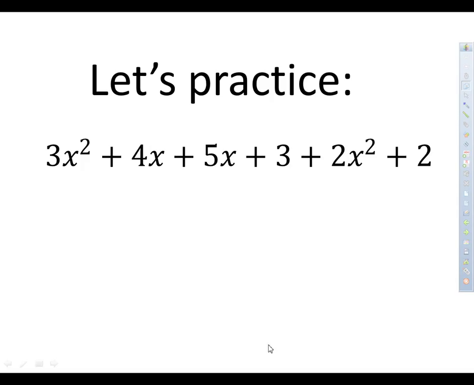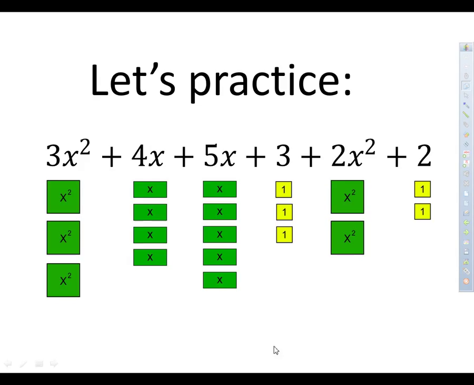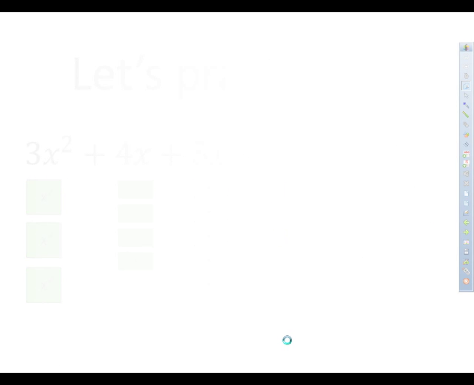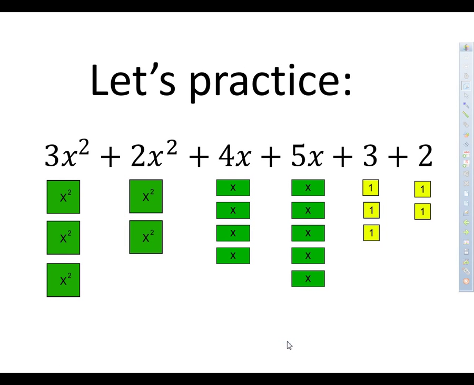So now let's practice. Take a look at this polynomial. We have 3x squared plus 4x plus 5x plus 3 plus 2x squared plus 2. And here we have the visual representation of each term. What we're going to do is put like terms together. So x squareds grouped with x squareds, x's with x's, and the 1's grouped with the 1's.